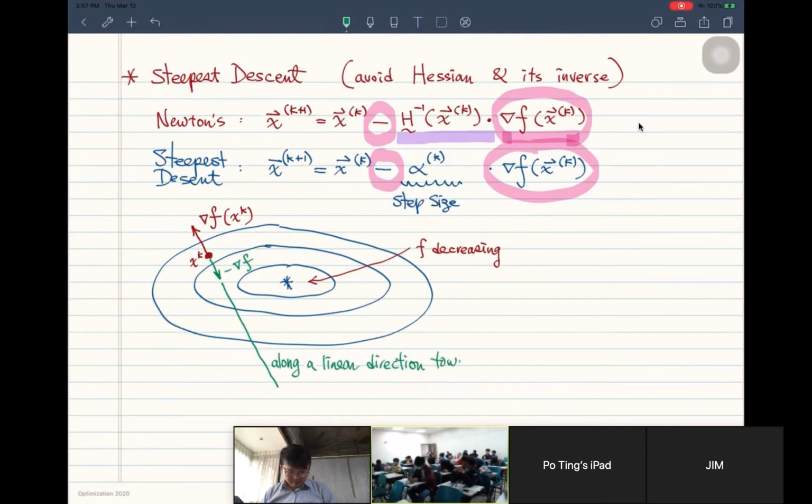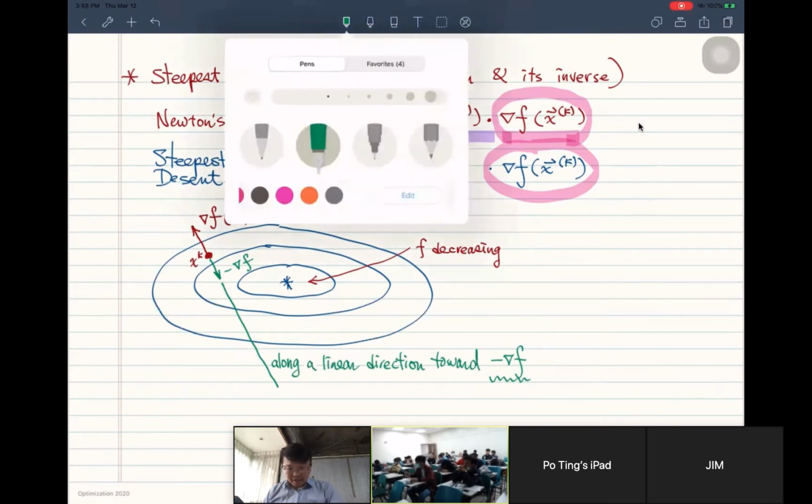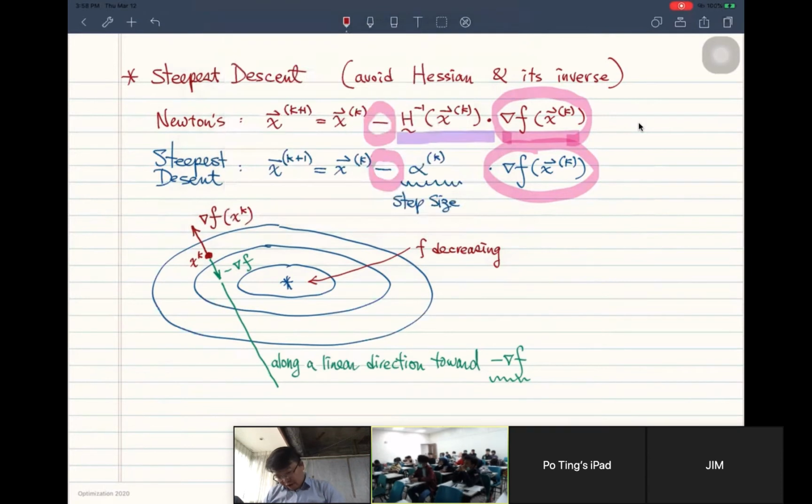Toward negative gradient. So we need to know how far do we move along this line. Let's say we move up to somewhere here.